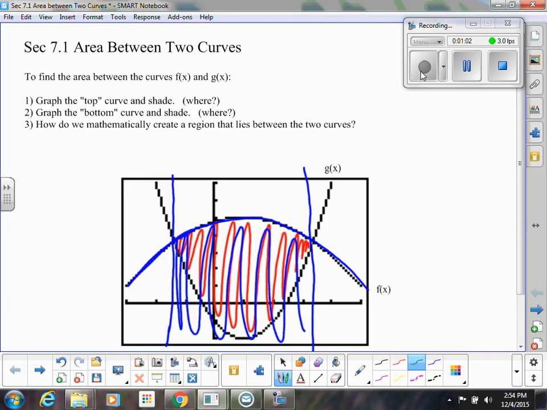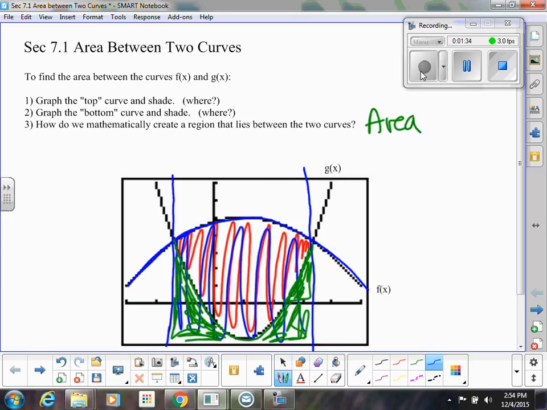So we have to subtract this part right here. I'm going to shade in green. I want all this stuff in green to not be counted. Now all that stuff in green is the area underneath this bottom curve. So if I want to find the area between two curves, I'm really just going to take the area of the top curve.